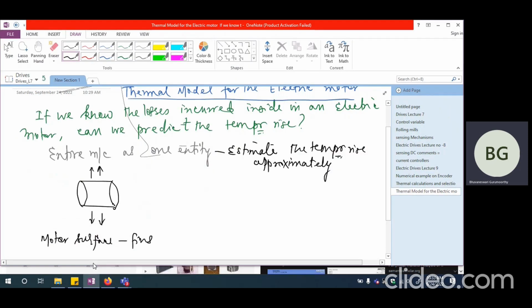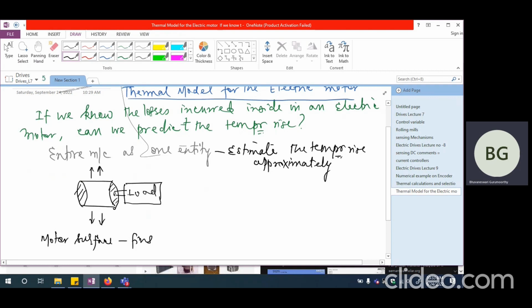So the surface area plays a very vital role in deciding how much cooling would take place. But on either side, you might have coupling, and there could be other load mechanisms which are coupled very closely here. So in all probability, this area and this side will not be able to provide any cooling at all.